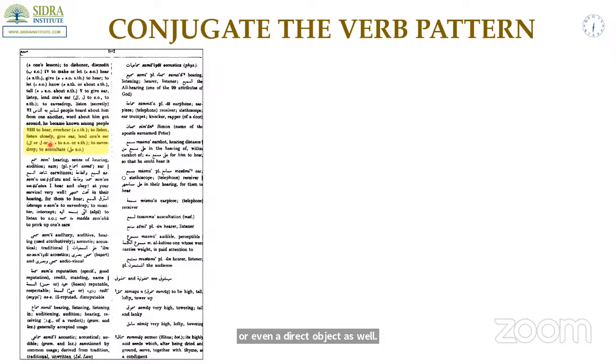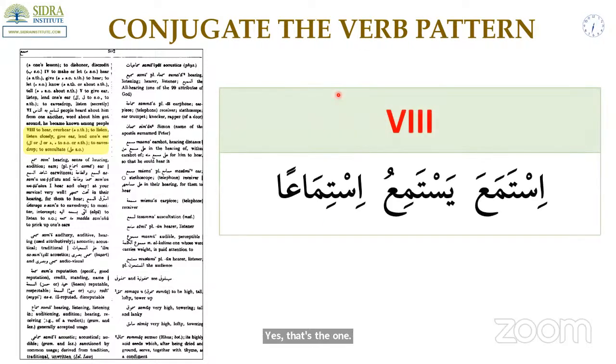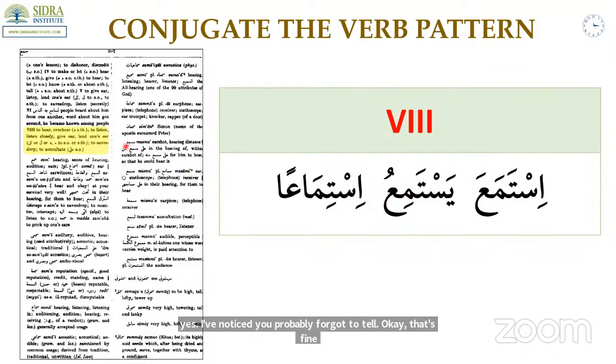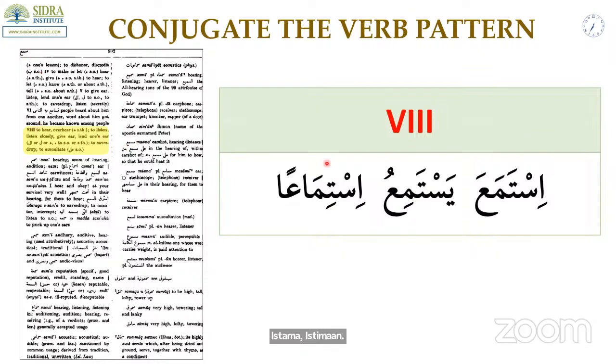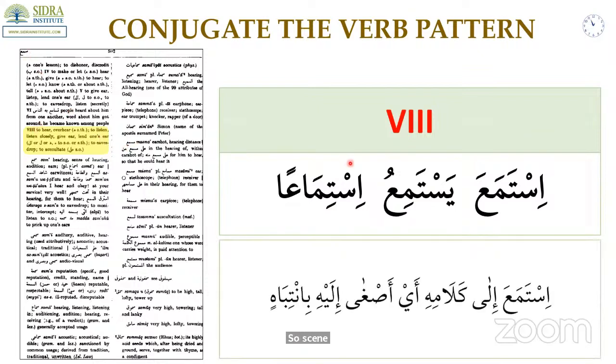So we got isma'a. No, it won't be isma'a. Istama'a. Yes, that's the one. So it would be istama'a yastami'u istima'an. Notice you probably forgot the ta. That's fine. So sin, mim, and ain, number 8 is istama'a yastami'u istima'an.